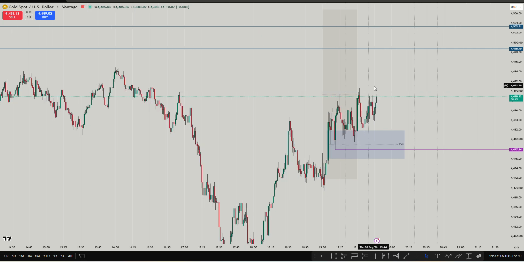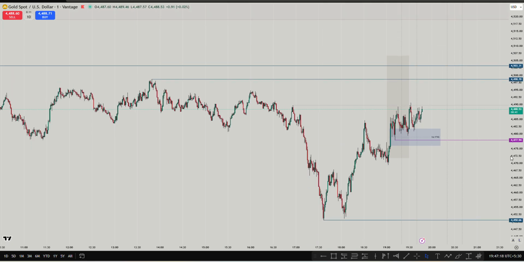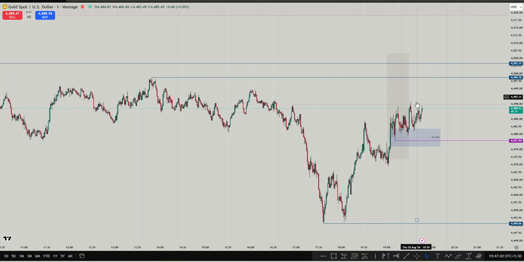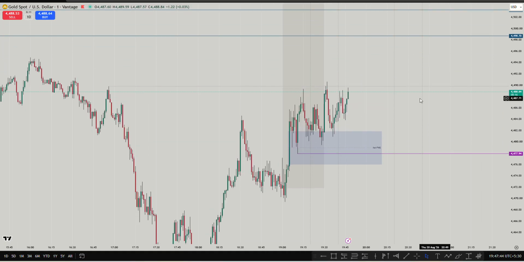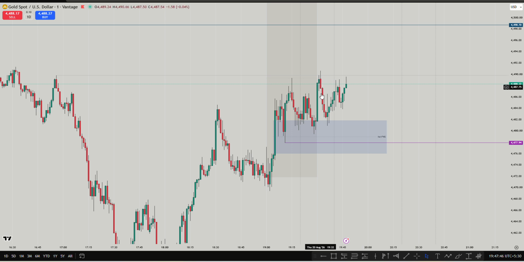So yeah, you can see no directional move, but in the way that the market behaves, I think it wants to target these liquidities, 4498, 4503, because if it has to reverse, it can reverse from here.